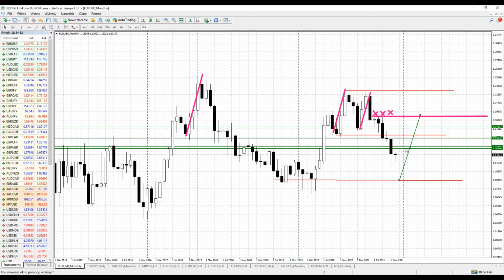What else? A smaller wave like this latest rally, we might just retest the broken range, this one, and we might see continuation to the downside.